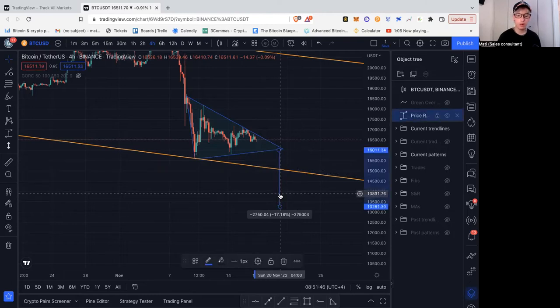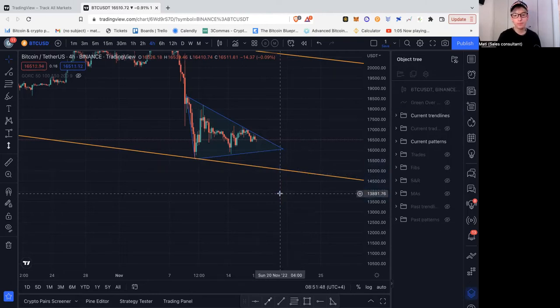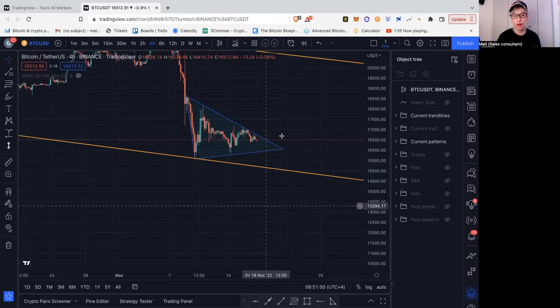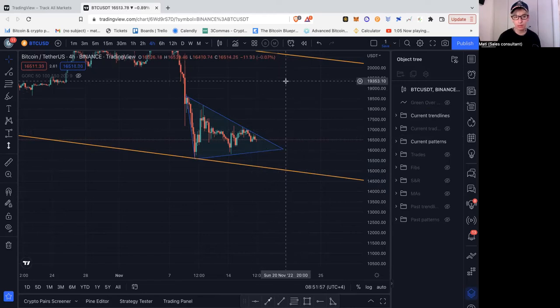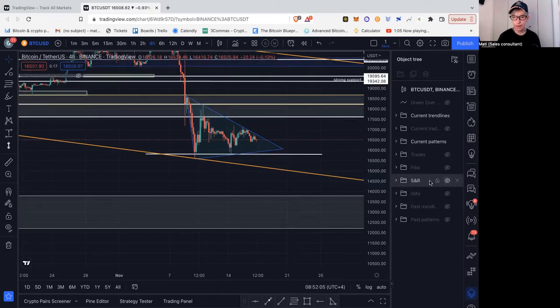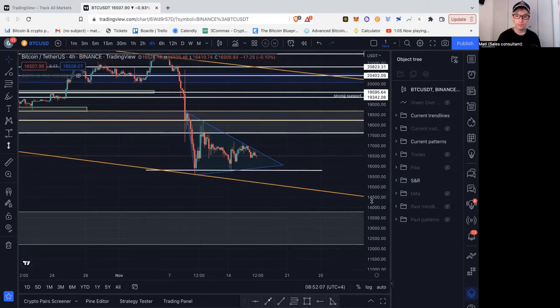Now, it is important to note as well that we also have some levels of resistance right here in the case that the price breaks out towards the upside. Let's take a look at those levels. And right here, okay?